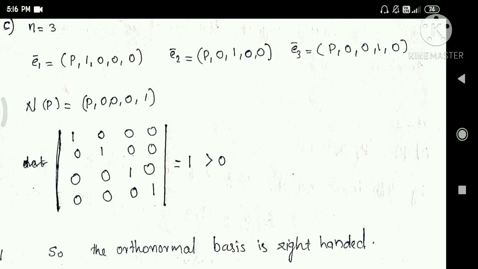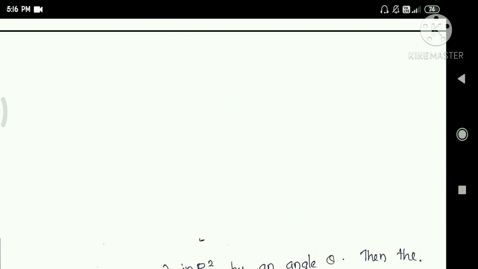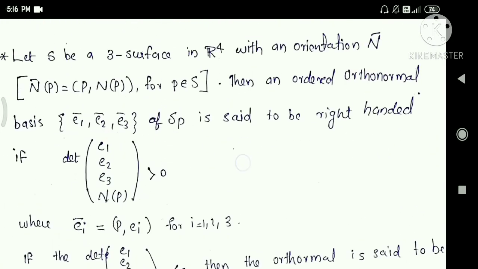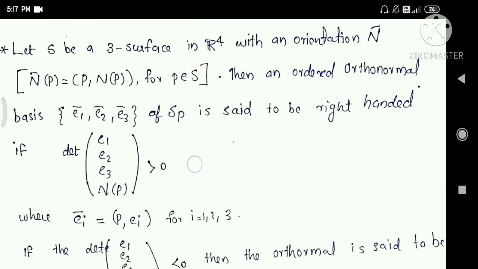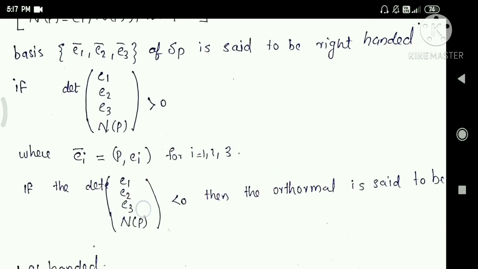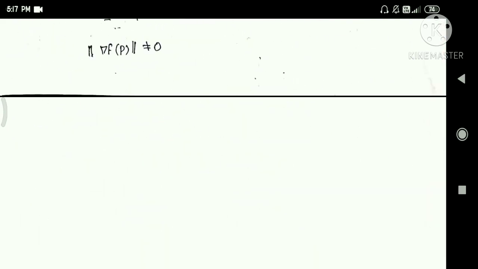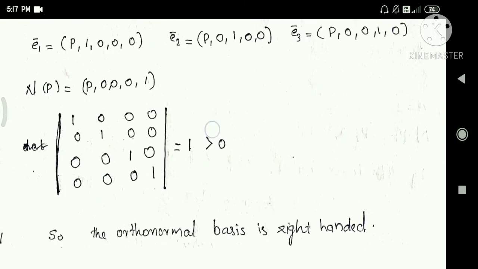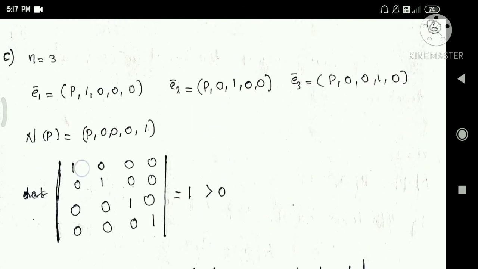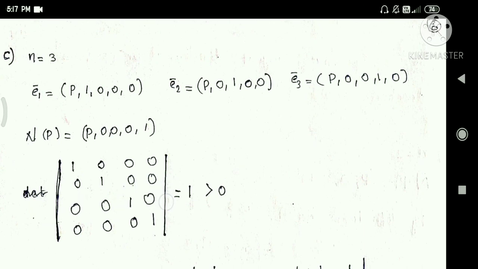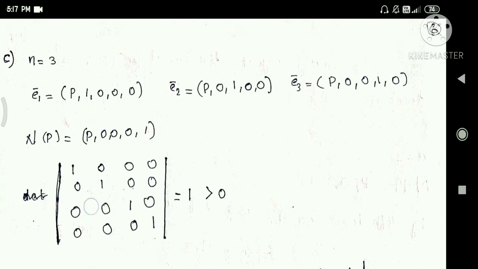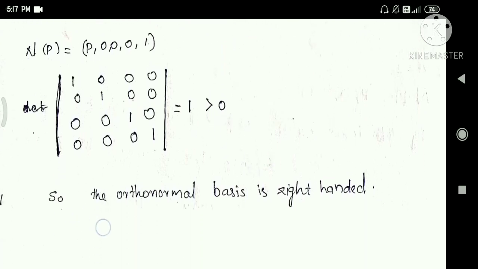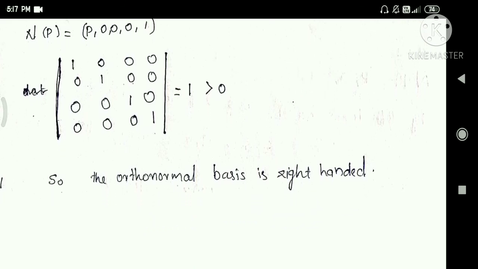We know that by definition, an ordered orthonormal basis is right-handed if this determinant is greater than 0, and left-handed if this determinant is less than 0. So consider the determinant of the matrix E1, E2, E3 and n of p. The determinant of this matrix is equal to 1, which is greater than 0. So the orthonormal basis is right-handed.